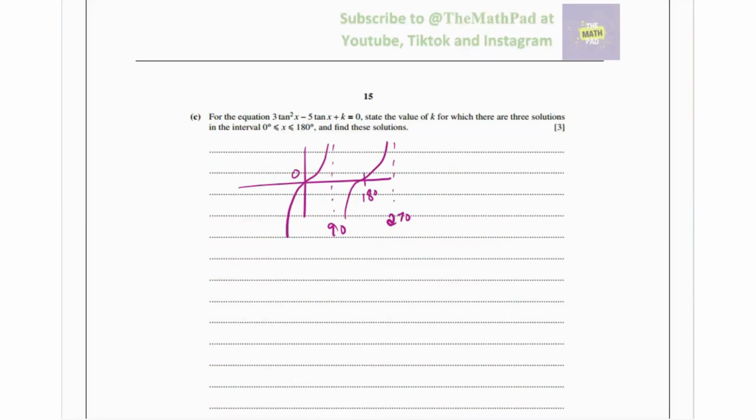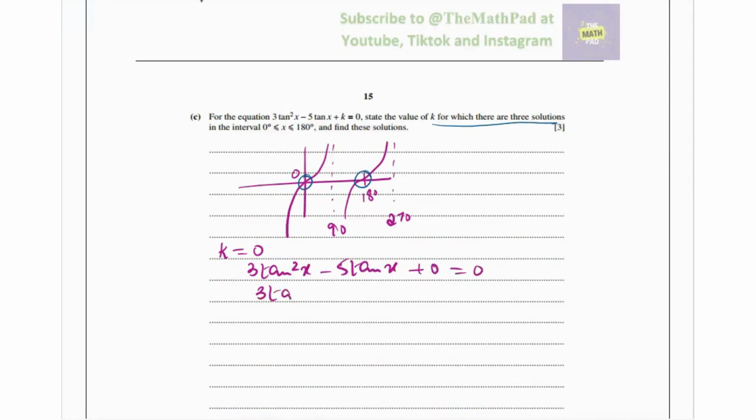So we have a solution at x equals to 0. We have a solution at x equals to 180. We need to find the value of k where there are 3 solutions. So as you can see, at x equals to 0 and x equals to 180, the graph is crossing the x-axis. There is no y-intercept. So we can assume over here that k equals to 0. So if k equals to 0, 3 tan square x minus 5 tan x plus 0 equals to 0.